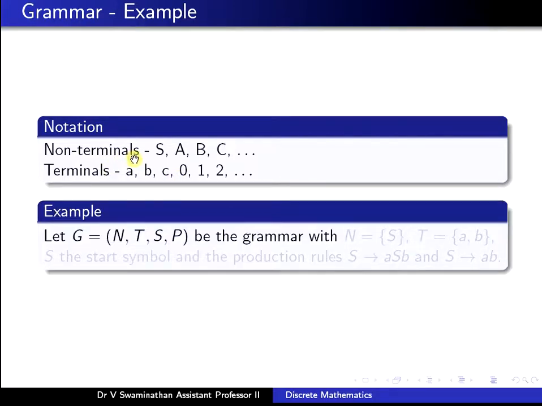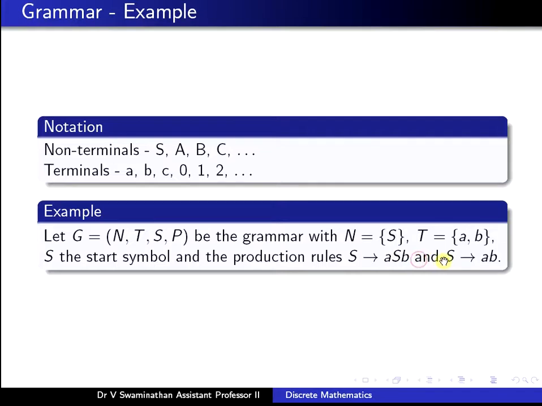So now we are ready to present an example of a grammar G with a non-terminal S, a terminal set T with two symbols a and b, where S is the start symbol, and the production rules S gives aSb and S gives ab.